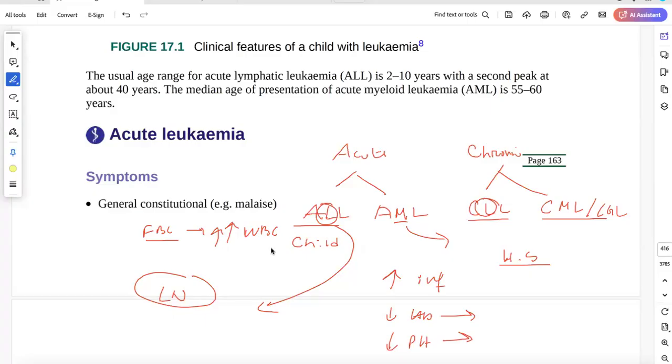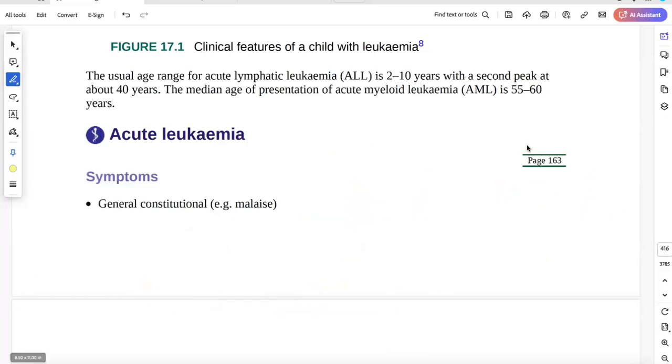Is it lymphoblast? Is it myeloblast? Is it lymphocyte or myelocyte? So based on that, you will get an idea what type of leukemia it is. And then you do a confirmatory investigation. Okay, and we will come to the confirmatory investigation just in a bit.